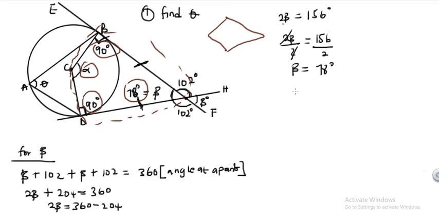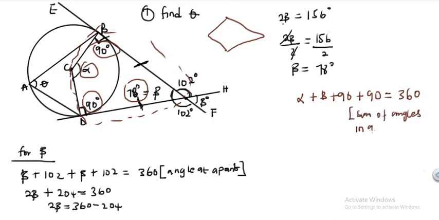Because if you sum all the angles in a quadrilateral, or a cyclic quadrilateral, you get 360 degrees. So what that simply means for us here is that alpha plus beta plus 90 plus 90 is equal to 360 degrees. Now the reason for this is sum of angles in a quadrilateral. So I write quadrilateral here.